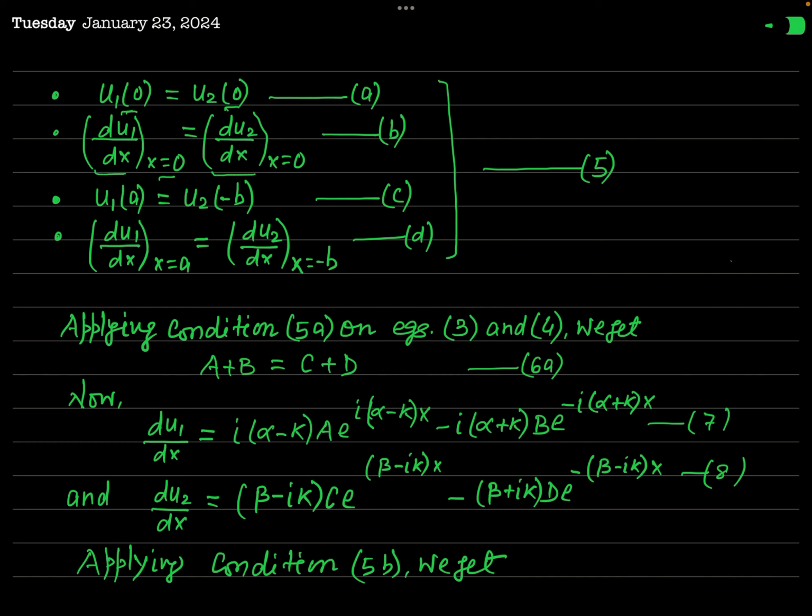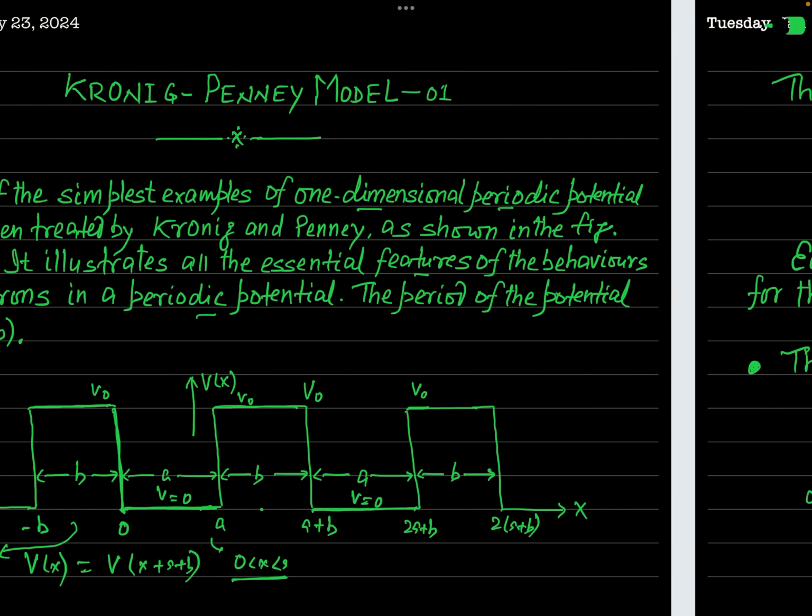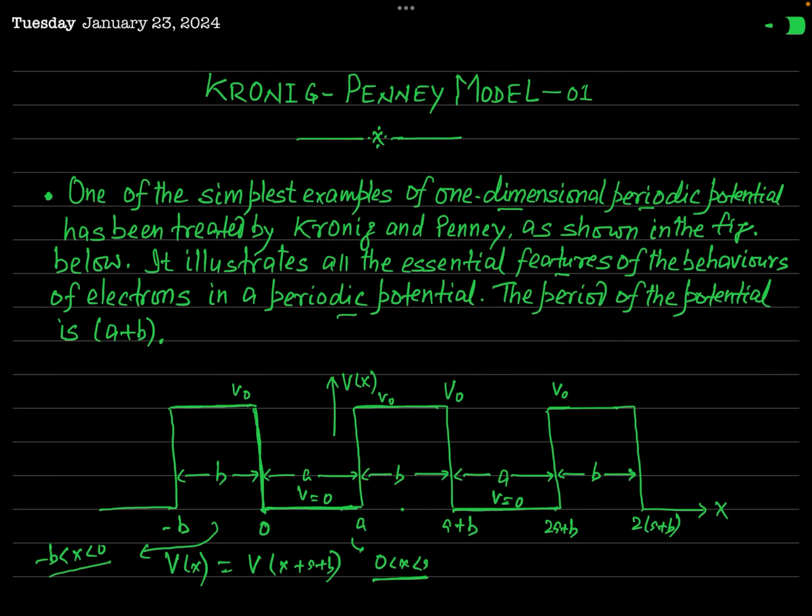Now, again you can see the period of this potential is A plus B. So this A and minus B are the same point, because the potential repeats itself. Just before x equal to minus B the potential is 0, and just before x equal to A the potential is 0.